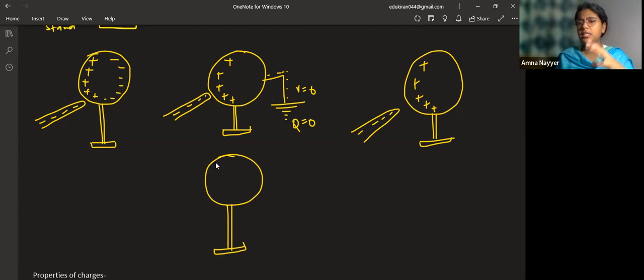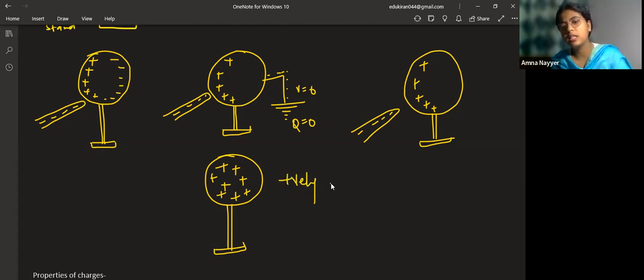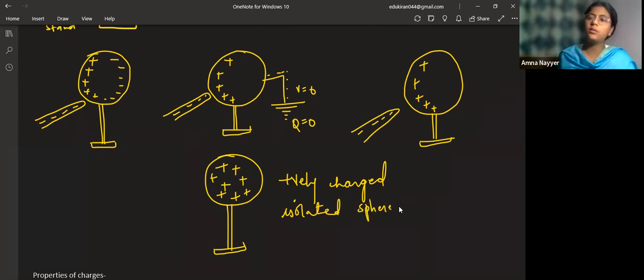The positive charges that were held at one edge will just redistribute. So successfully, you have converted a neutral body into a positively charged one. This is now a positively charged, isolated sphere. Fine, note it down.